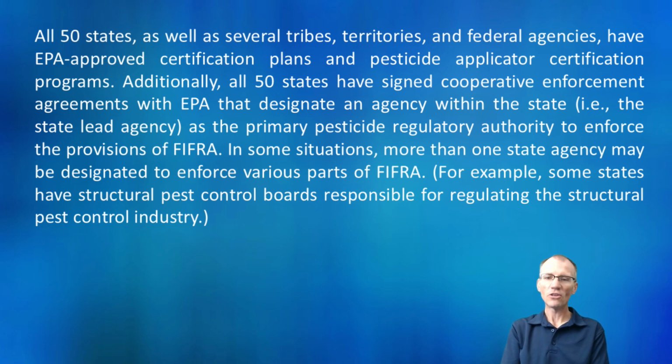In some situations, more than one state agency may be designated to enforce various parts of FIFRA. For example, some states have structural pest control boards responsible for regulating the structural pest control industry.